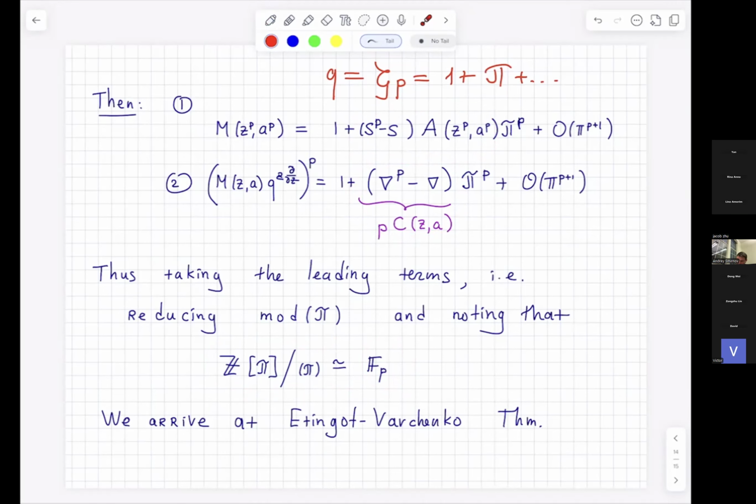And so in this way, we arrive at this theorem of Etingof and Varchenko, which I mentioned. So again, this theorem should be understood as the p-adic cohomological limit at roots of unity of this more general K-theoretic isospectrality result.